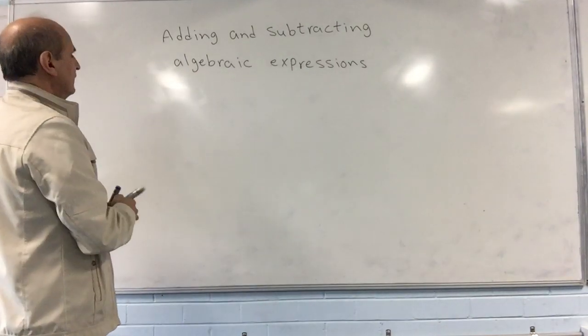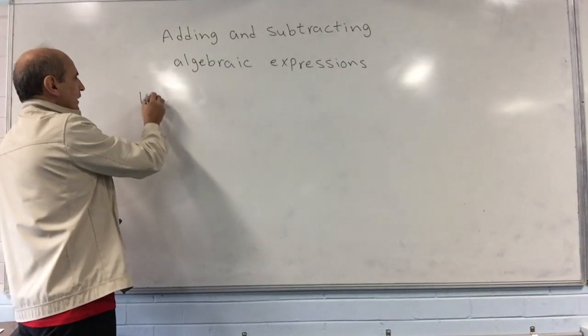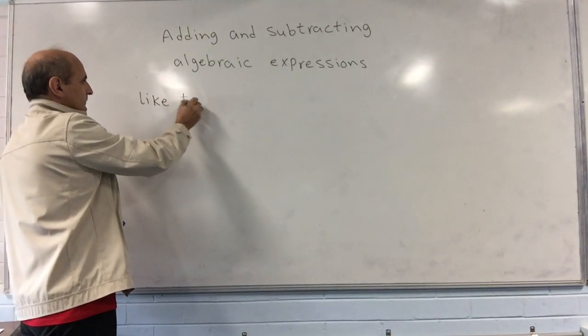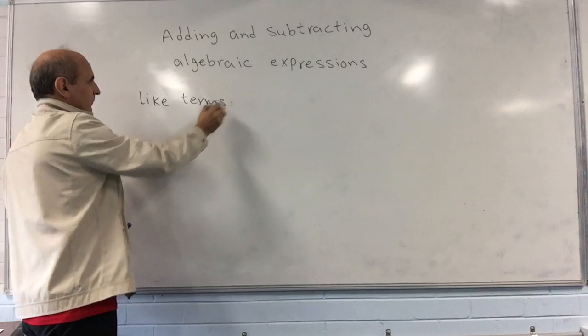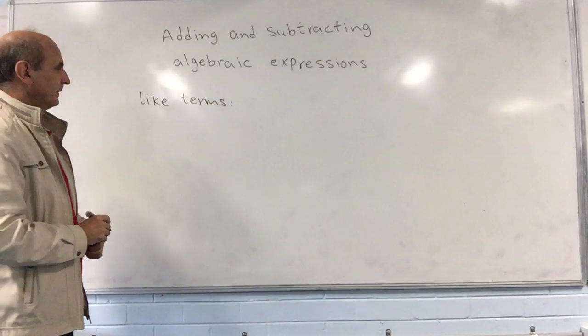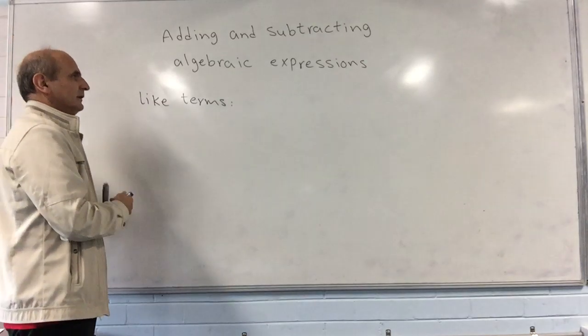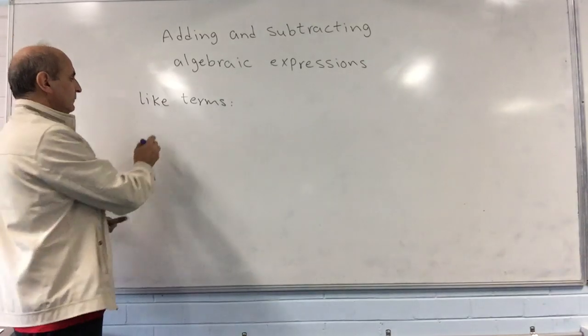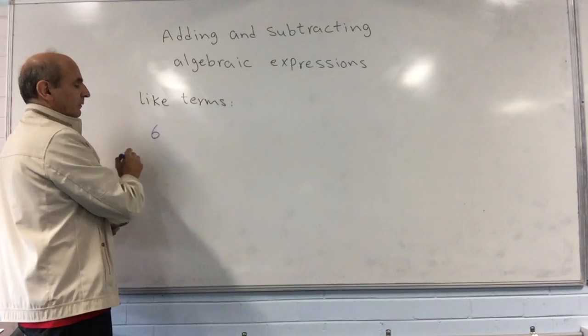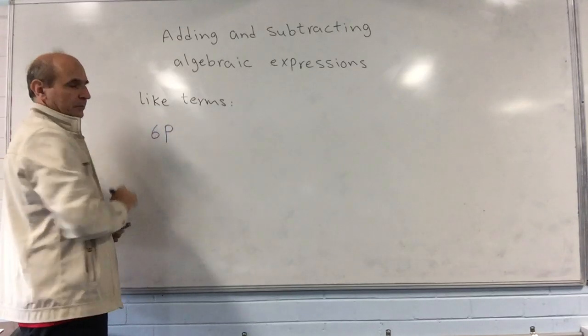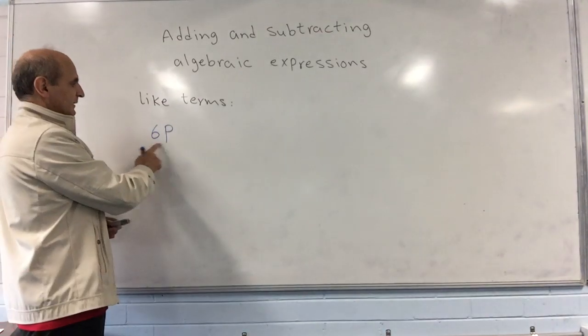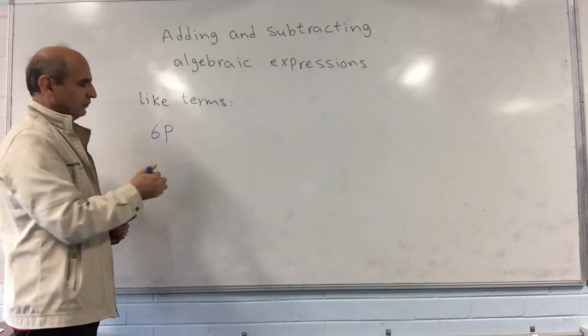Then we look at the concept of like terms. Again, we covered already the concept of a term. What is a term? A term is a number multiplied by a pronumeral, like 6p. And what was a pronumeral?